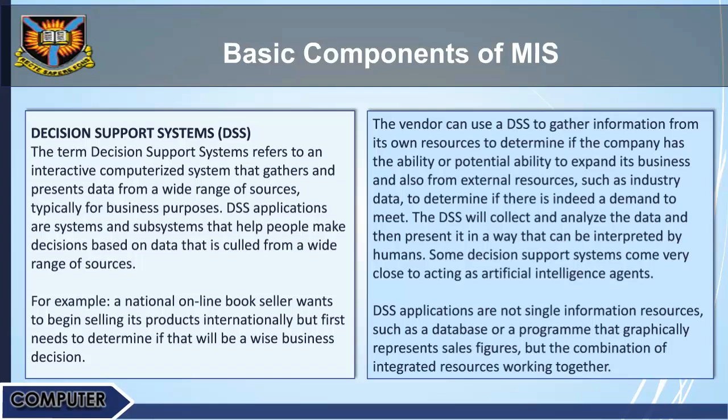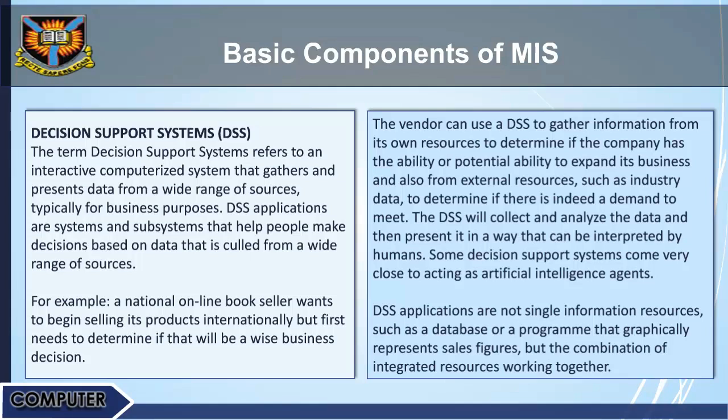The vendor can use a DSS to gather information from its own resources to determine if the company has the ability or potential ability to expand its business, and also from external resources such as industry data to determine if there is indeed a demand to meet.